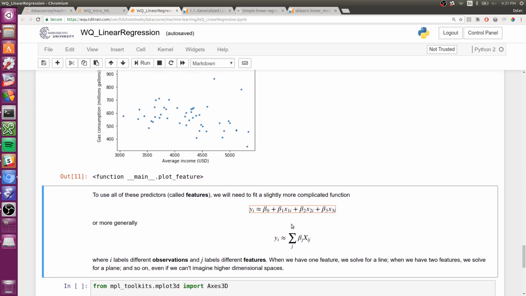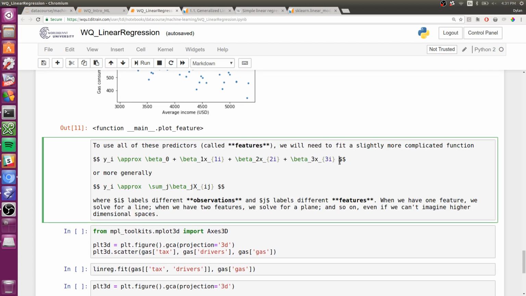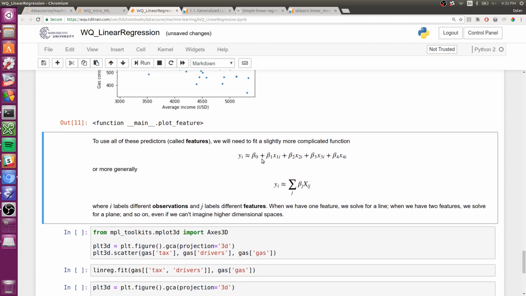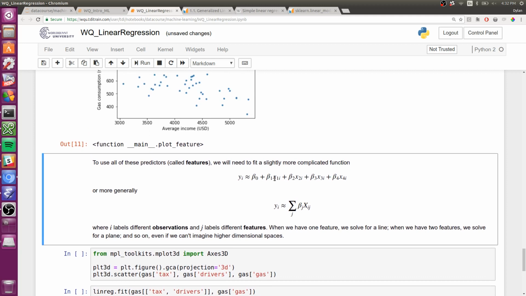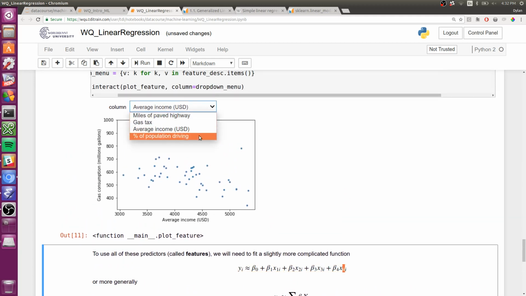So we'll need a somewhat more complicated formula for our model. We don't just have x. We have x1, x2, x3, and x4. And those will be the 4 different explanatory variables we're considering.